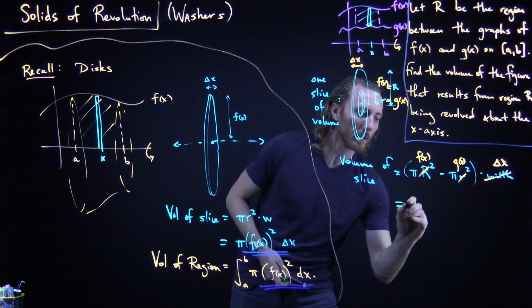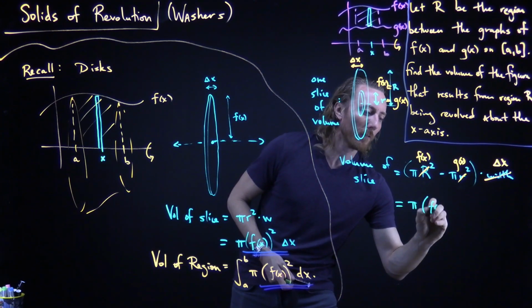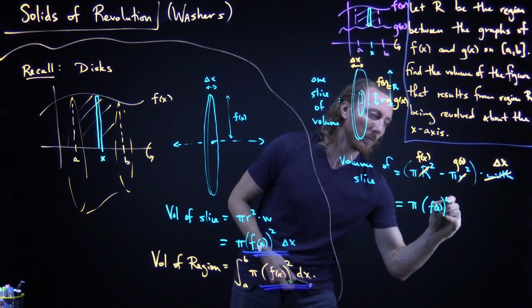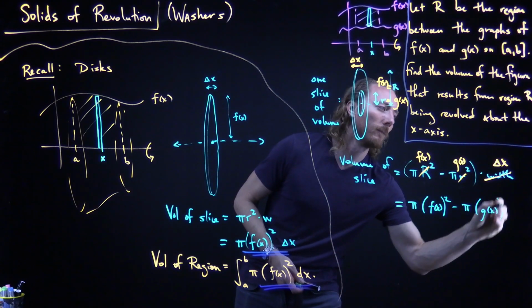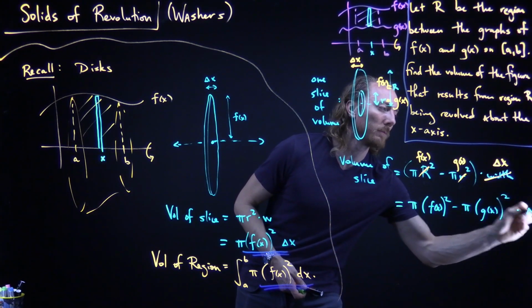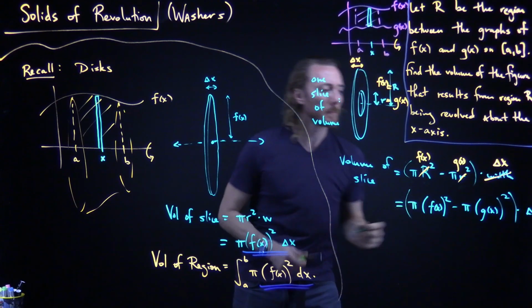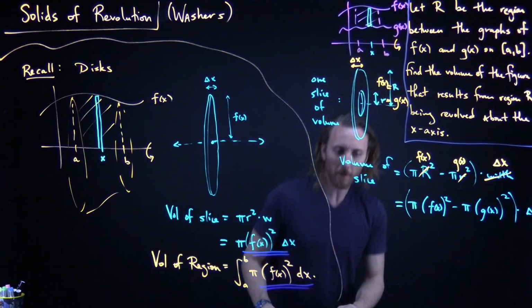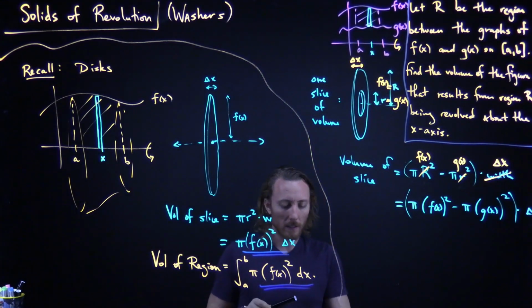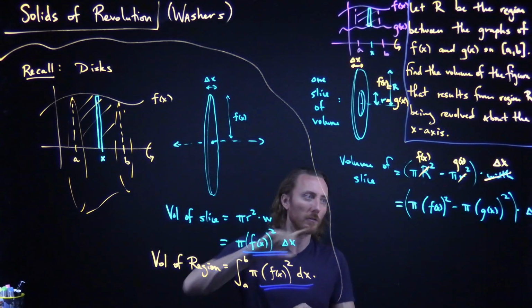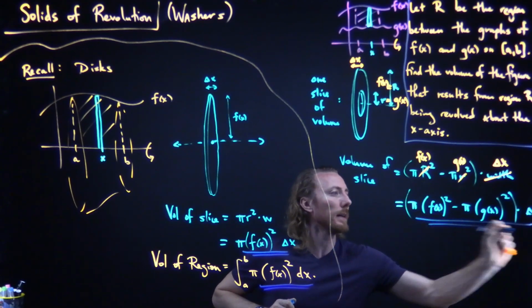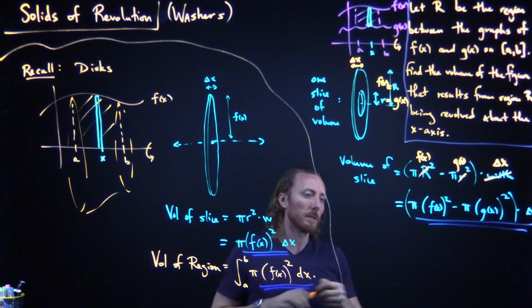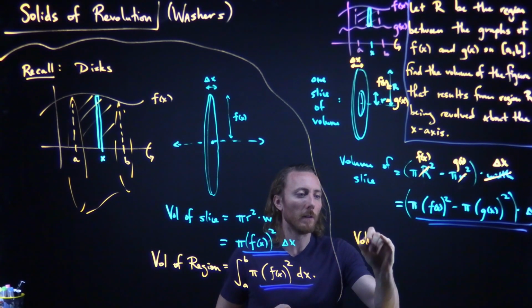What's the volume of our slice? It's going to be pi f of x squared, that's the top function in this case, minus pi g of x squared, all times delta x. And so what would the volume of our region be? Now we're going to use our technique like we used previously. You just take the expression for the volume of one slice and you insert it, as cumbersome as it may be, into an integral.